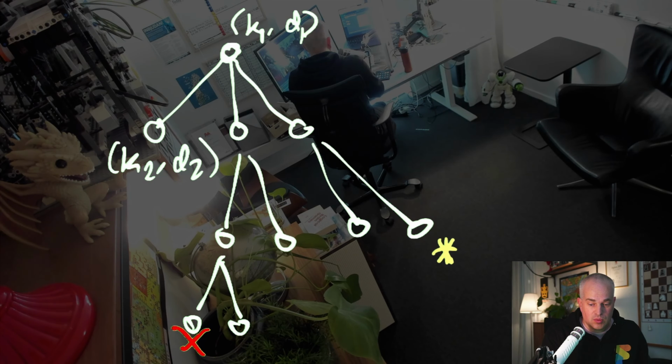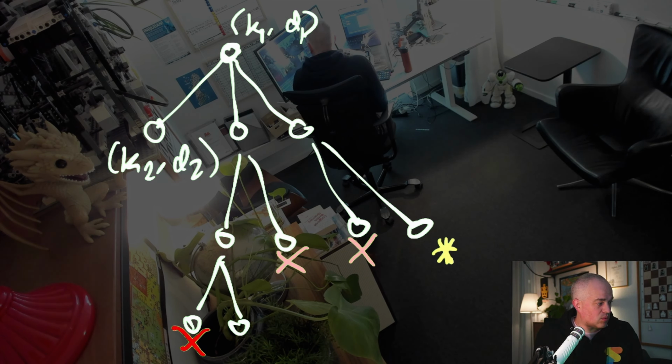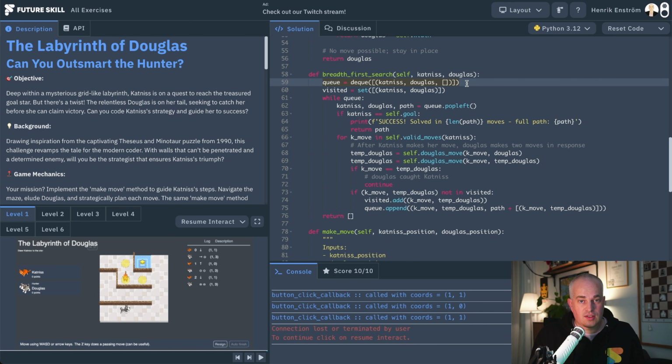So we want something like, maybe here and here we've already visited. Then we want to stop the search there, and we just want to continue with any new states that we find. The queue here is a list of all the places where we still have to search from.